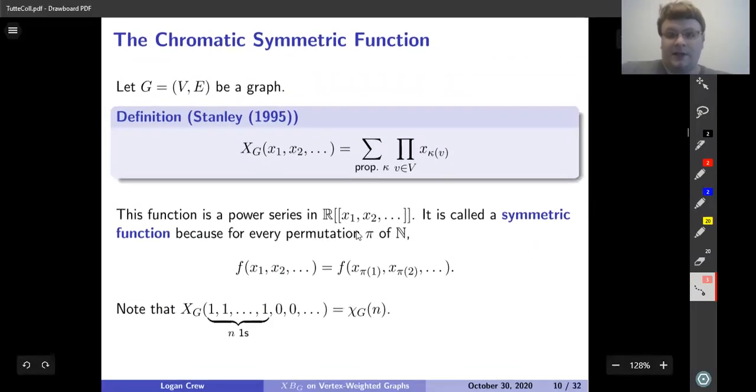And note that this is indeed properly a generalization, because what happens if I plug in the first n variables to be 1s here? Then what happens is that if kappa is a coloring that only uses the colors 1 through n, it gets counted once. So there's going to be chi_G(n) of those. And if it uses a color bigger than that, then this term goes to 0. So that substitution gives us chi_G.